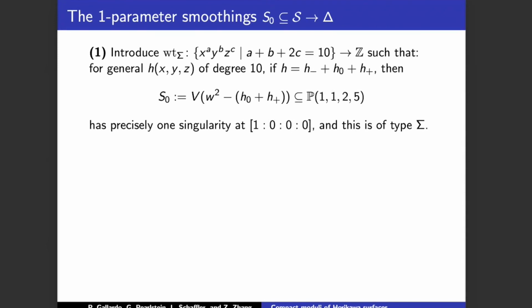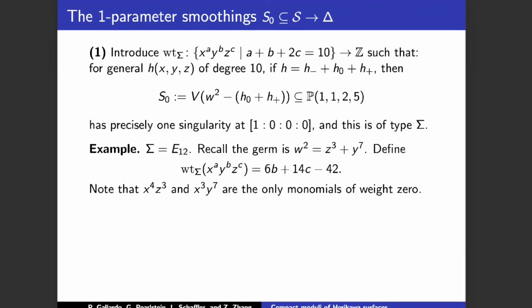So this is a way of constructing your starting central fiber of the smoothing, right? That's what we want. Let me give you an example though, because this just feels like a vague outline.